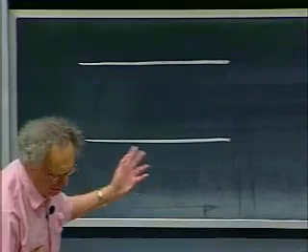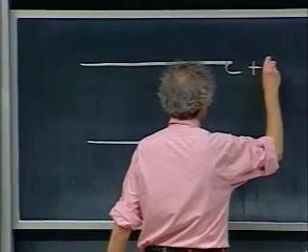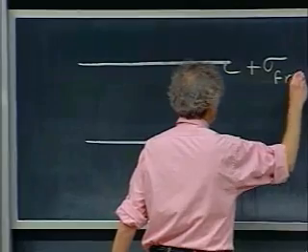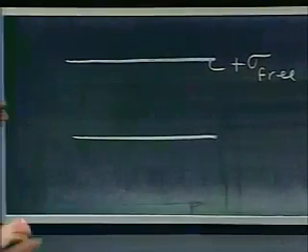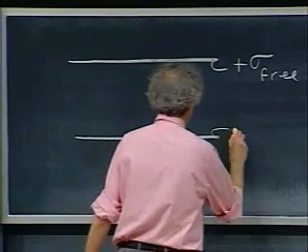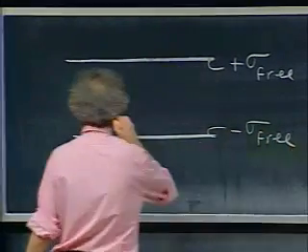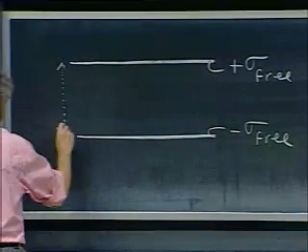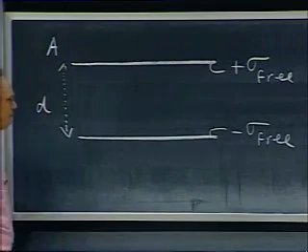I have here a parallel plate capacitor. And I put on here positive charge plus sigma. I call it now sigma free. There is no dielectric yet, but later there will be. So I call it sigma free. And here there's minus sigma free. Separation is d. Surface area is A.